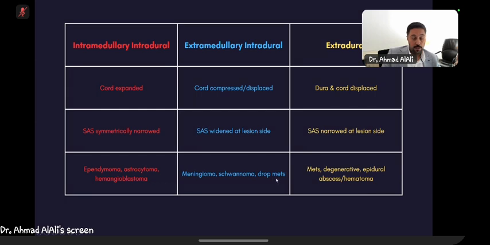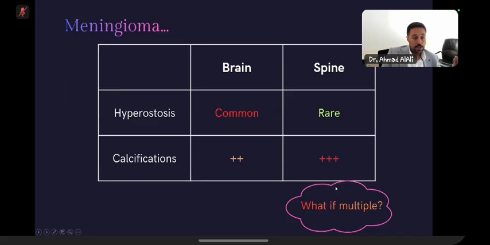Keep that in the differential diagnosis. Even in that case, even if it was very well defined and homogeneously enhancing, with no destruction of anything else, keep drop metastases in your differential diagnosis list. Extradural, as you know, include metastatic deposits, degenerative changes, epidural abscess, hematoma, and many others. So the differentiation between them is important in your daily practice and in the exam to reach the proper diagnosis.